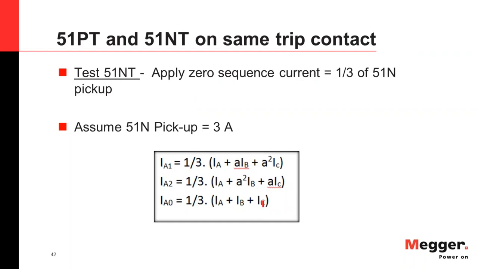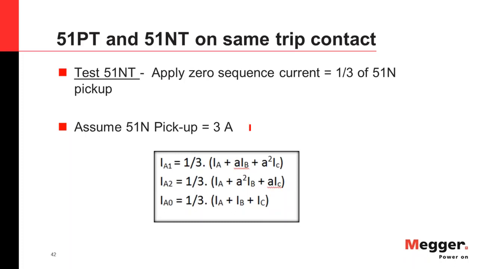In case of neutral ground faults, the vector summation would be equal to the neutral current, right? So if I take my 51 neutral current pickup and supply 1/3 of that, I can do a 51N pickup.